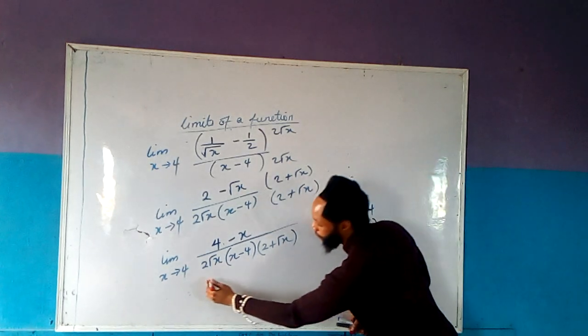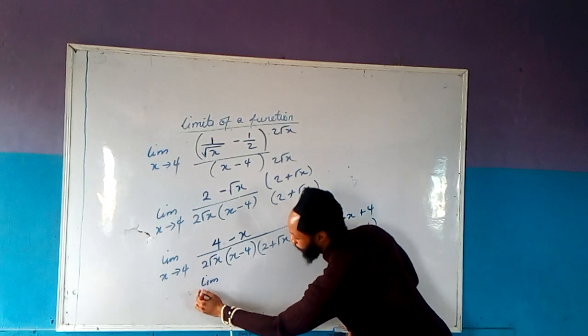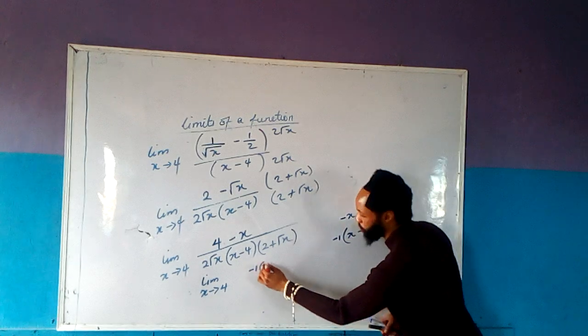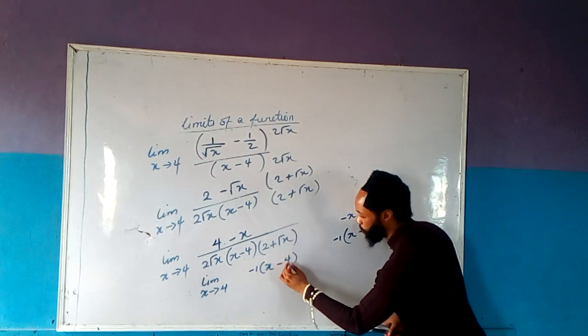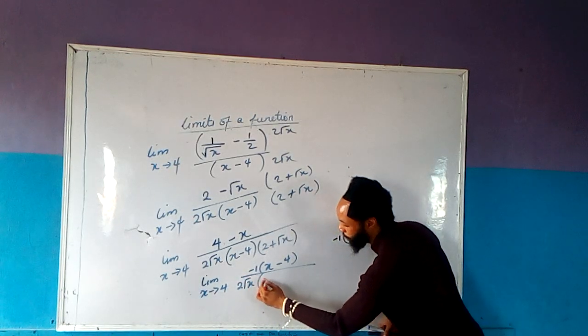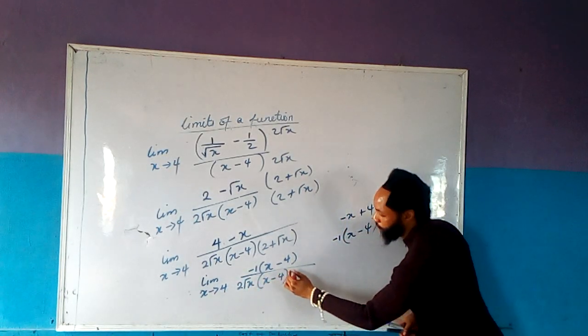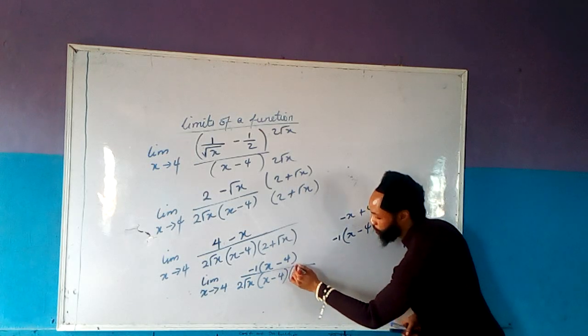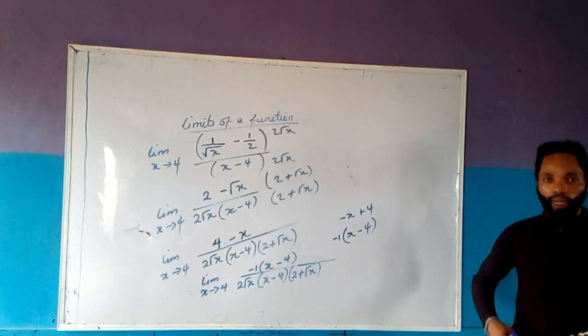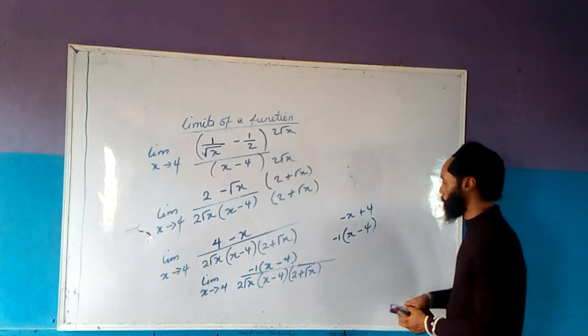I can write that limit as x approaches 4 as negative 1 into bracket x minus 4 all over 2 root x into bracket x minus 4 into bracket 2 positive root x.